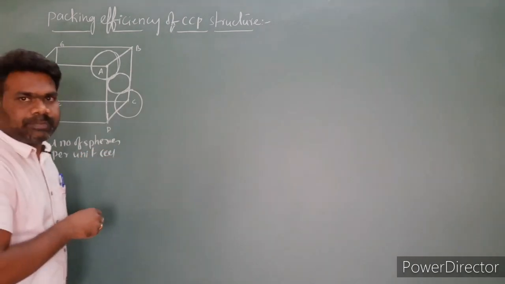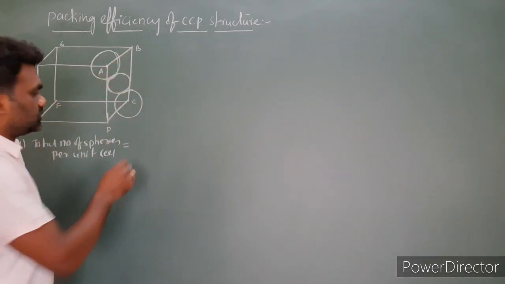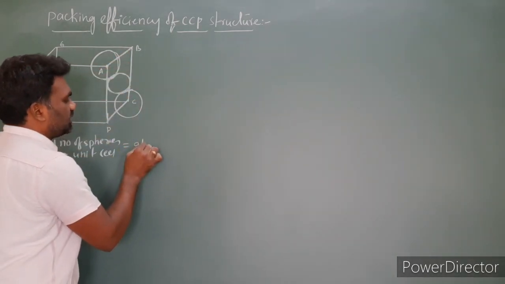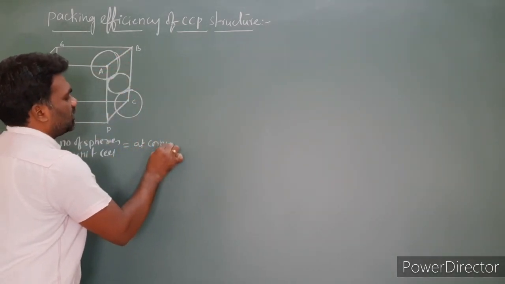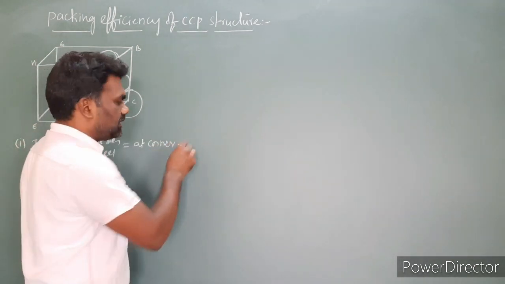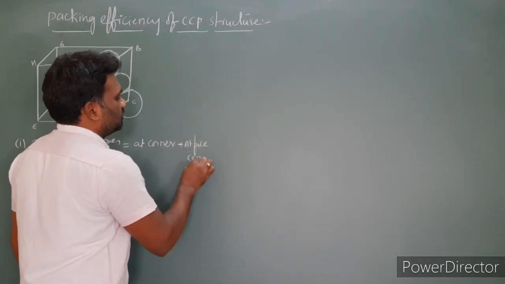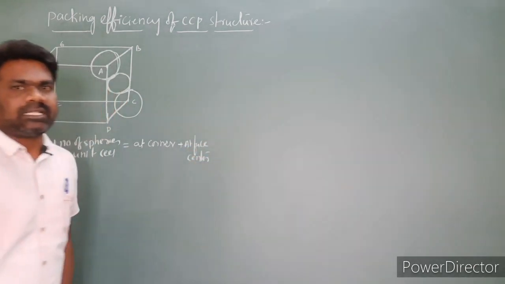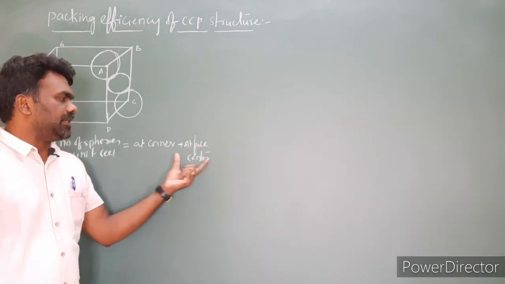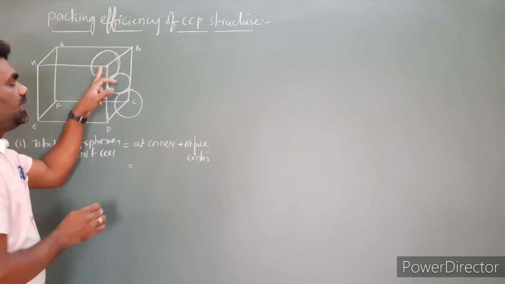The total number of spheres per unit cell is equal to the particles present at corners plus the particles present at face centers. How many corners do we have? 8 corners.